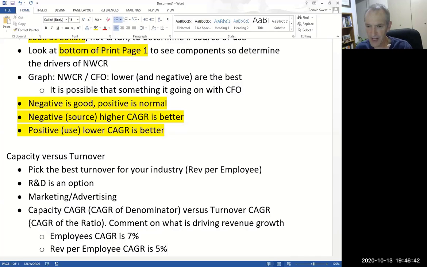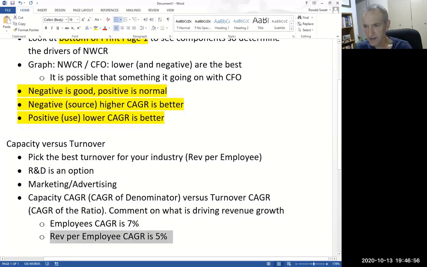Be careful not to say this firm's doing really badly because your employee growth is higher than their revenue per employee growth. It's not necessarily that the 5% needs to be higher than the 7%. That's not the key. The key is how skewed is the growth coming from adding more employees, and then is this a good number? This is still a very good number.